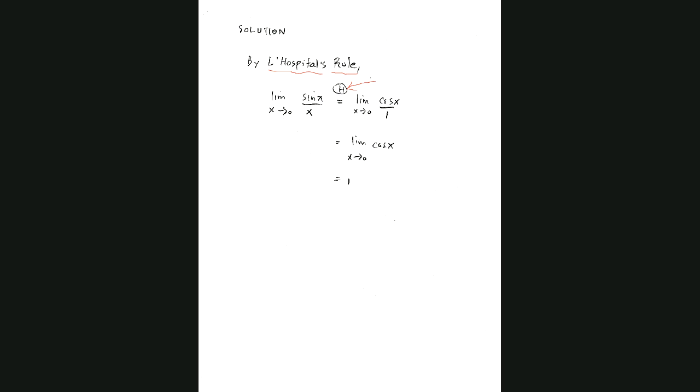You're telling me that you're applying L'Hopital's rule with the h. So the derivative of the sine of x is the cosine of x. The derivative of x is 1. And so the limit of the sine of x over x as x approaches 0 is the same as the limit as x approaches 0 of the cosine of x, and that gets you 1.